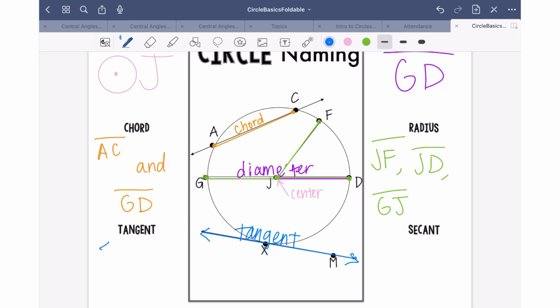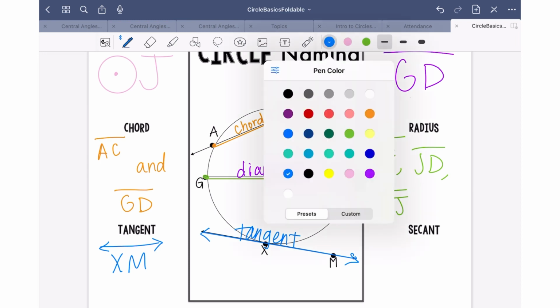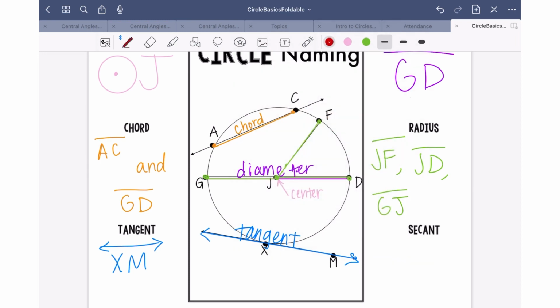When we write the name of a tangent line, you have to draw an arrow, and then you put the two points on that line, any two points on the line. So X and M. And again, the order doesn't matter. You could have put M or X first. And then our last one is secant, which is the line that intercepts the circle exactly at two points. So that's going to be this line up here.